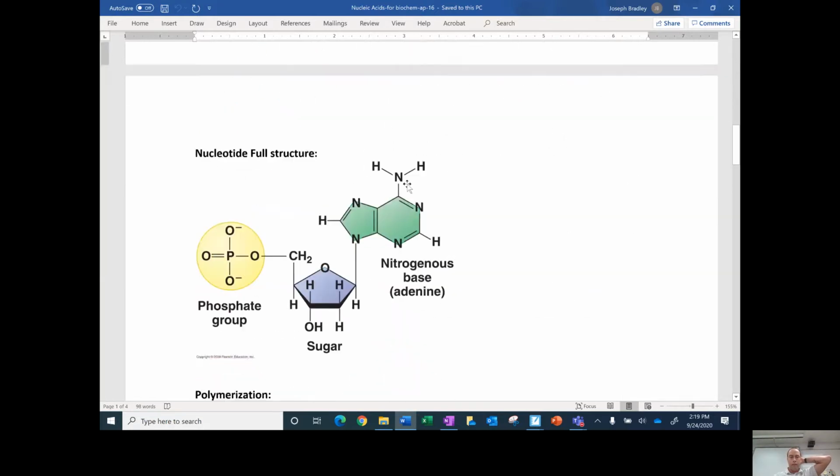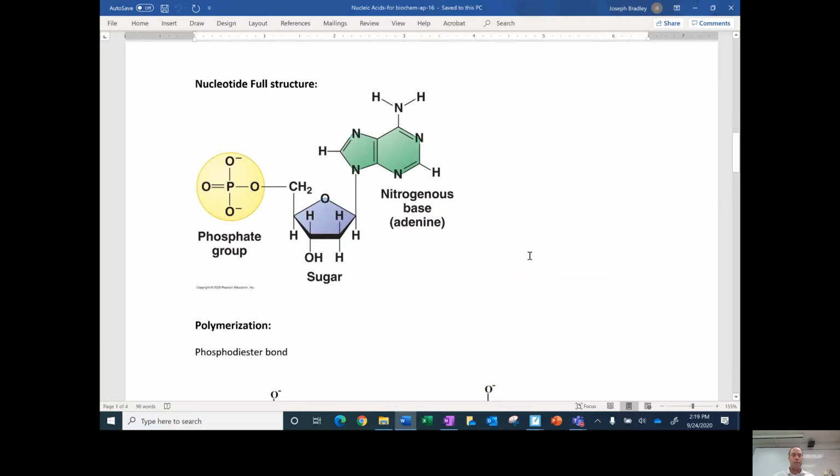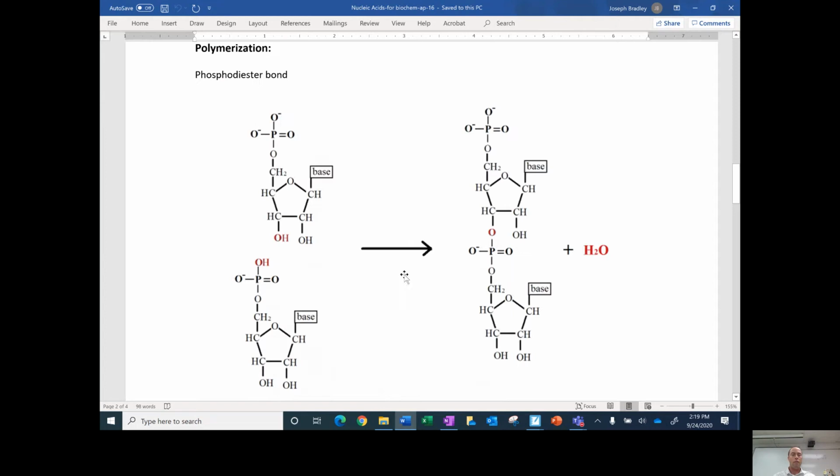If you look at the full structure of a nucleotide, you can see there is the phosphate group off of carbon number 5, the nitrogenous base off of carbon number 1, and this is a deoxyribose because you can see the hydrogen is by itself right there instead of with an OH. The formation of a polymer happens when the hydroxyl group off of carbon number 3 and the OH of the phosphate group interact and form a phosphodiester bond.